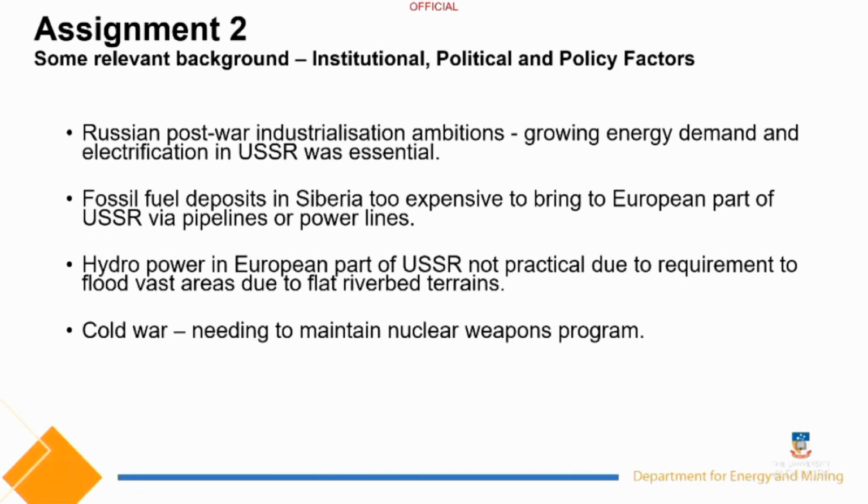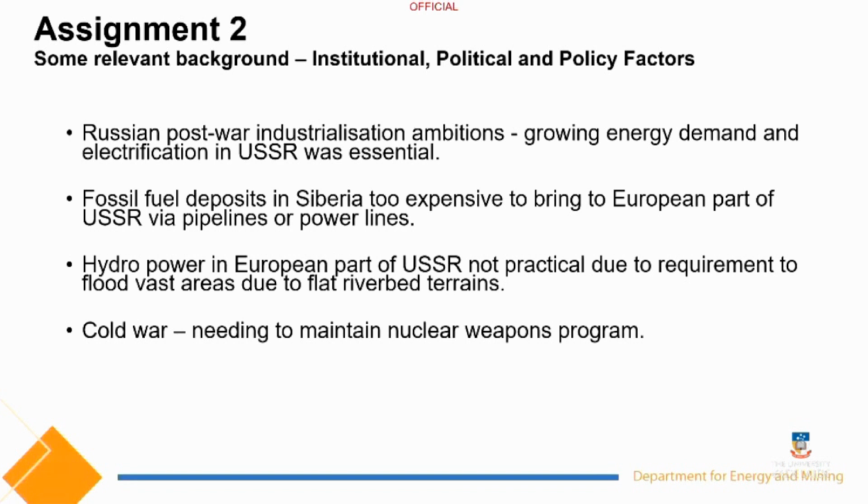Some relevant background about the institutional, political and policy factors. This hits at the heart of the institutional organisational stuff, right at the left-hand side of James Reason's model. Russia, post-war, had massive industrialisation ambitions. It had a growing energy demand, and electrification in the USSR was absolutely essential.